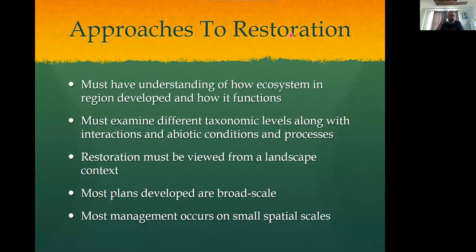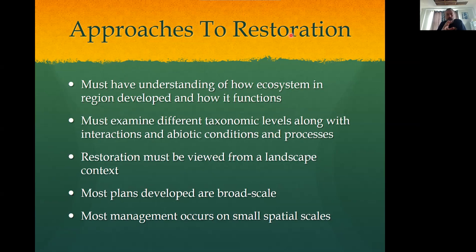In order to do this, obviously, there's a lot of background that goes into all this stuff. You need to know the history, not just the historical ecosystem that you've got, but how did that historical ecosystem come to be, right? We talked about succession before, right?